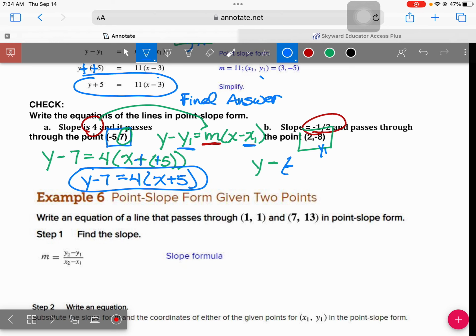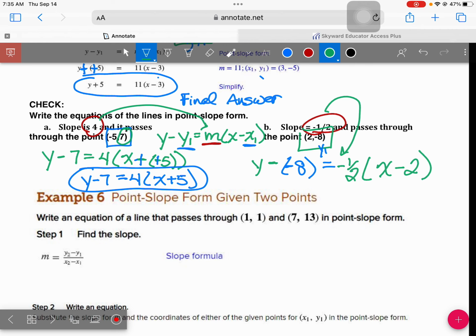So I'm going to put that in parentheses. Equals m, my slope, which is negative 1/2. It goes right here. Times x minus x sub 1, which is 2.